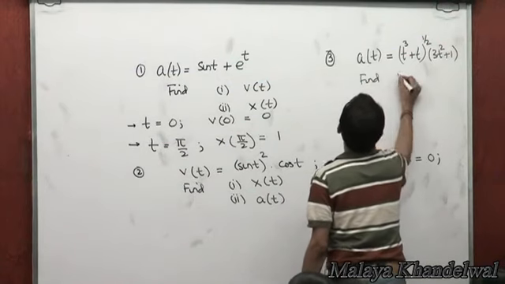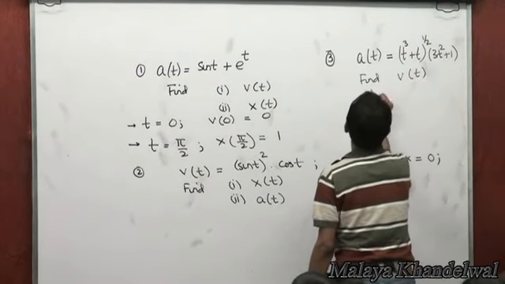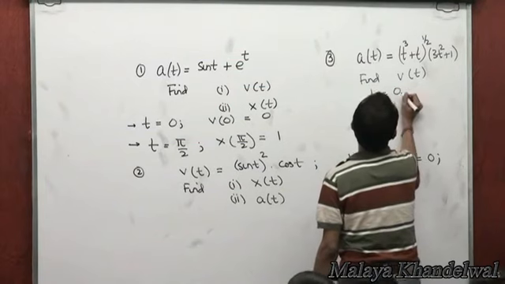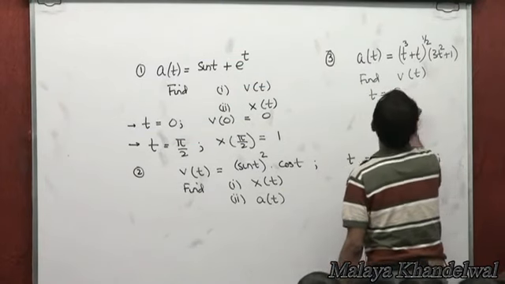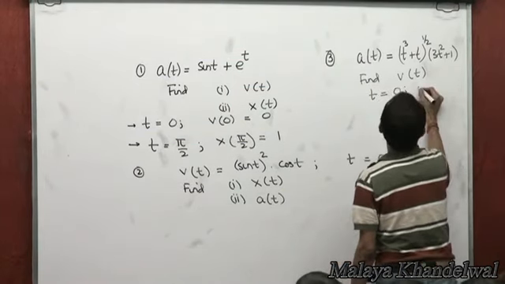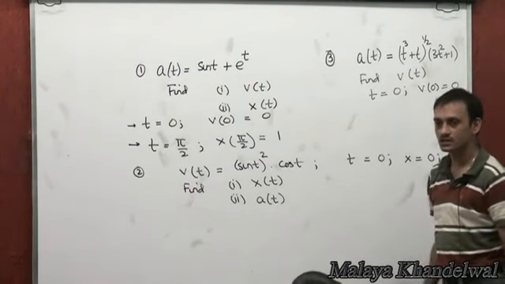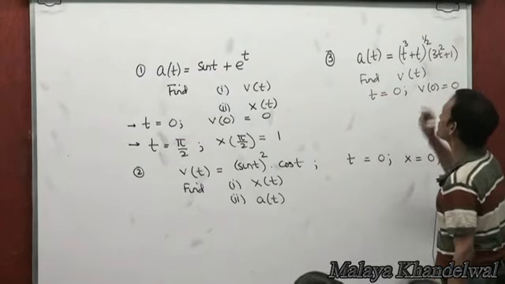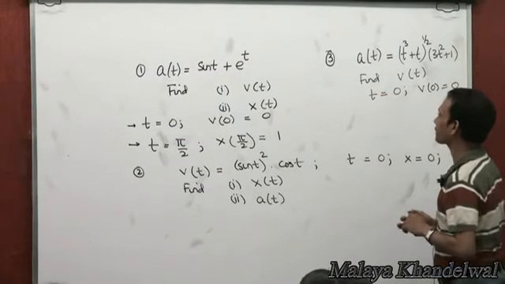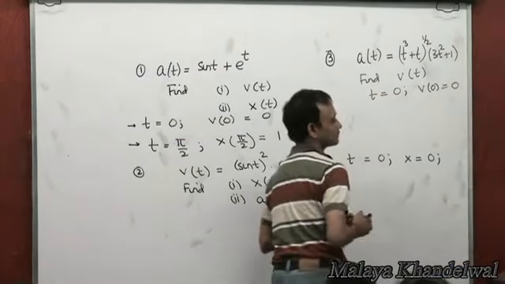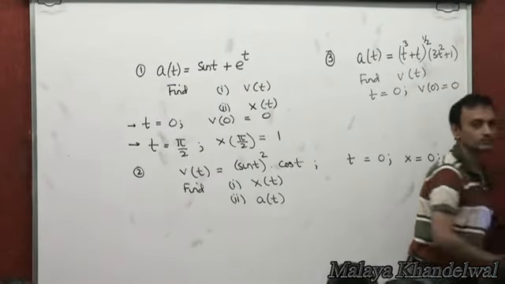Find v as a function of time, given that at time t equal to 0, v was 0. Find v as a function of time. Please do all this.